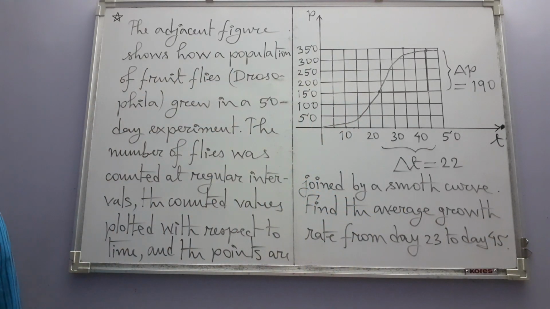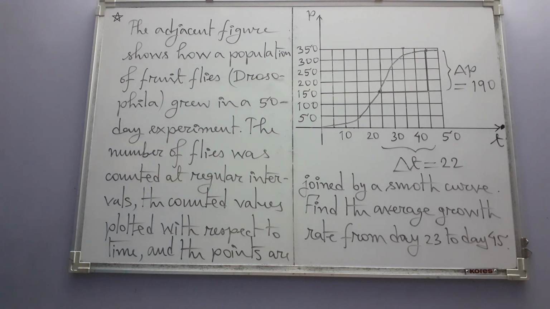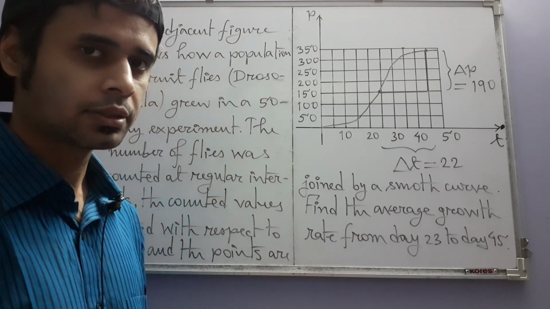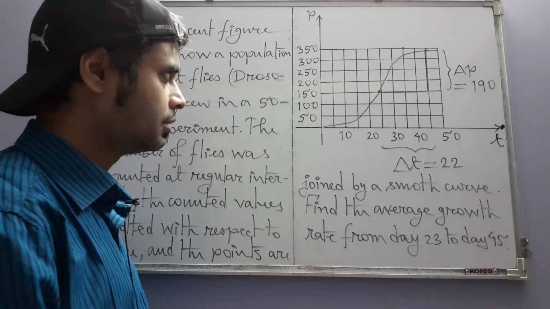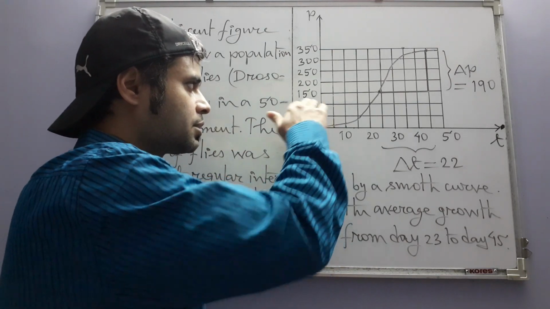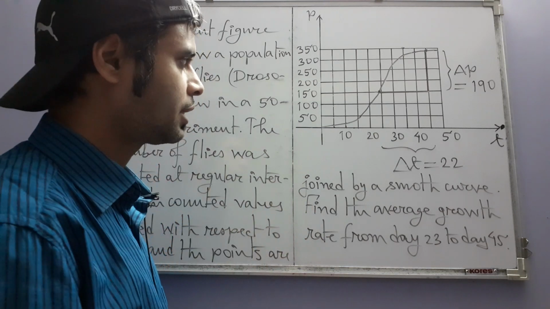Okay, so this is the problem. That means we have to look at the figure, because it's only from the figure that we will know what the population count was at some given instant of time.